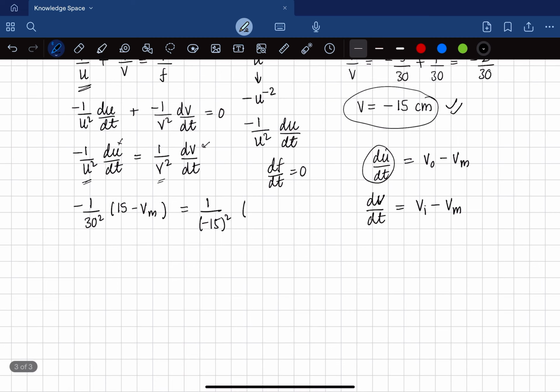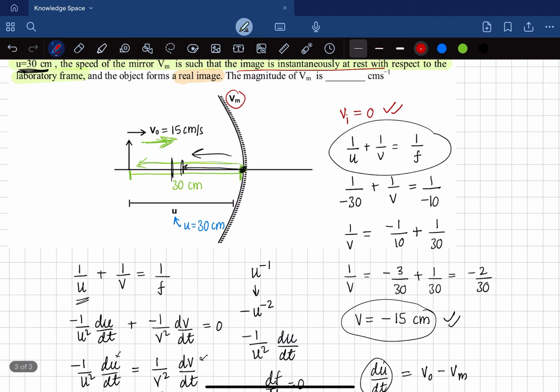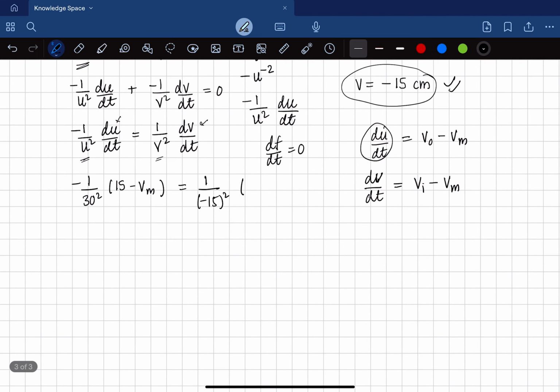So that's Vi minus Vm. In the question, they gave us that Vi is 0 because it's instantaneously at rest. So we'll just directly substitute that: 0 minus Vm.